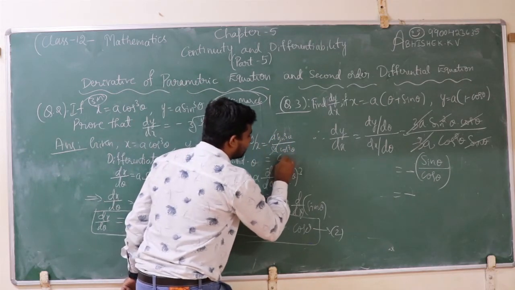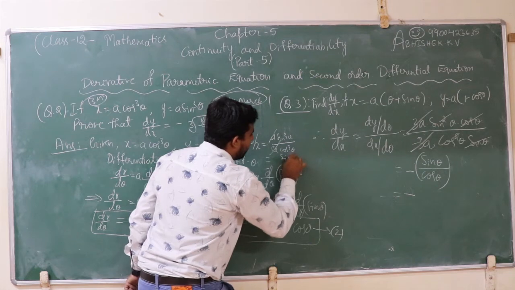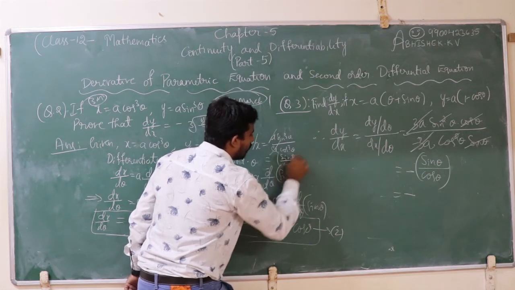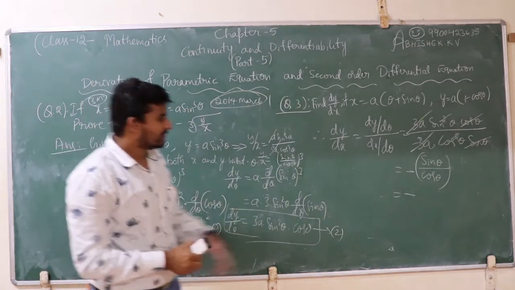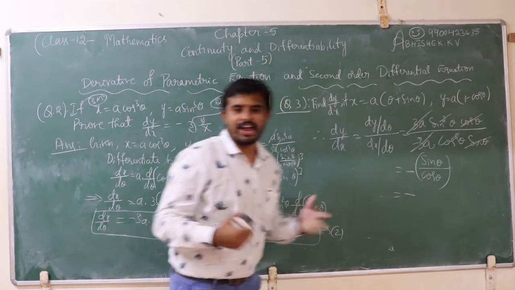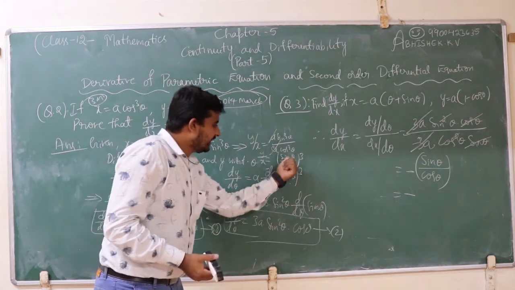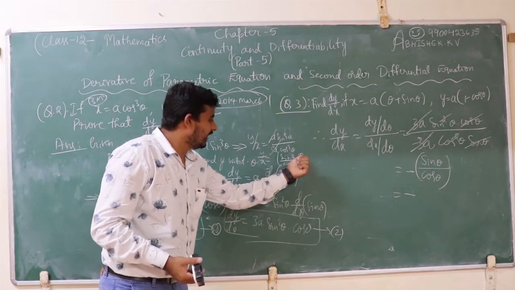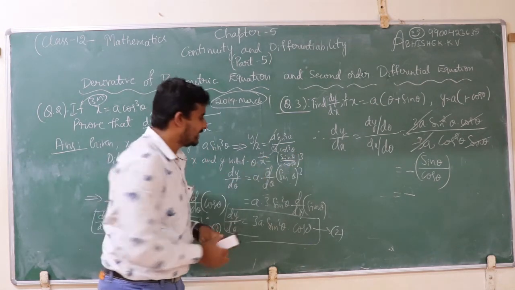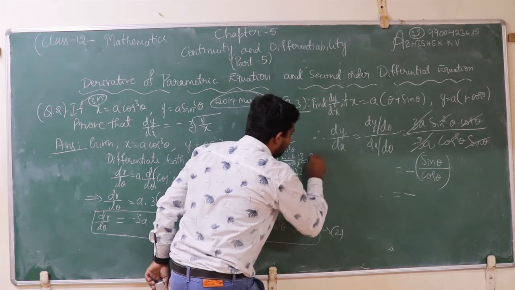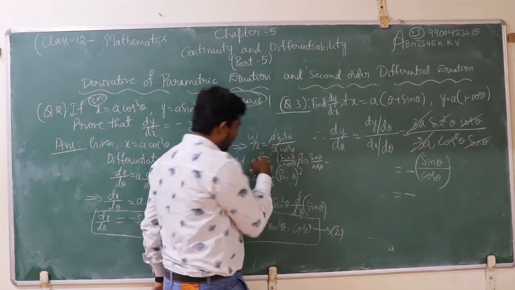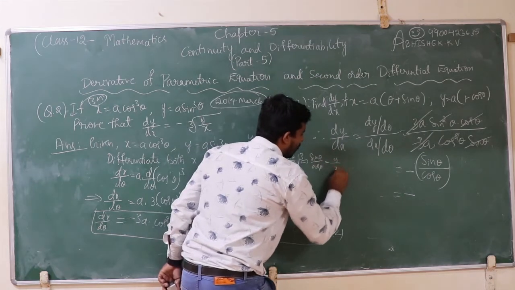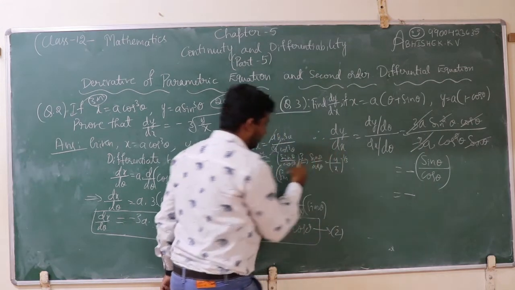This can be written as sin theta by cos theta whole cube, which is equal to y by x. When I transfer this power to the LHS, this implies sin theta by cos theta is equal to y by x whole to the power of 1 by 3.